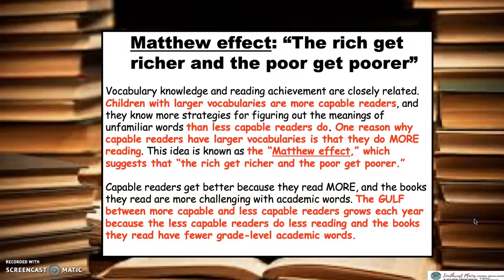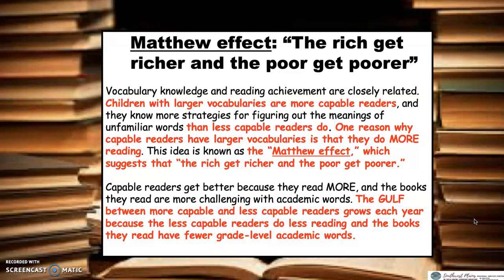To begin, it's important to understand that research documents the close relationship between vocabulary knowledge and reading achievement. Children who gain in vocabulary development get richer because of their expanding reading skills. The Matthew effect describes this phenomenon of how capable readers get richer by reading more.